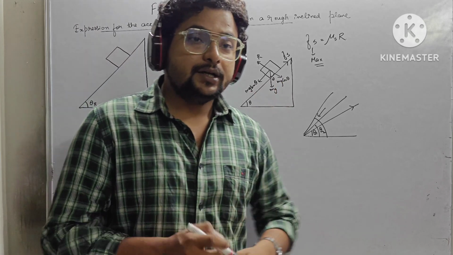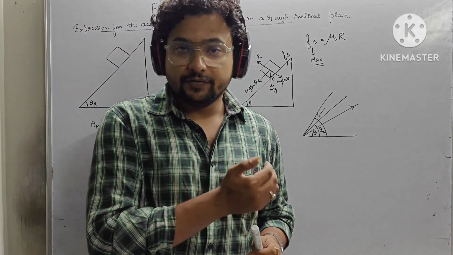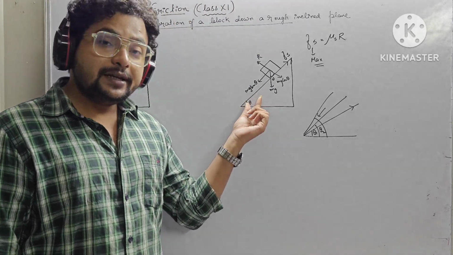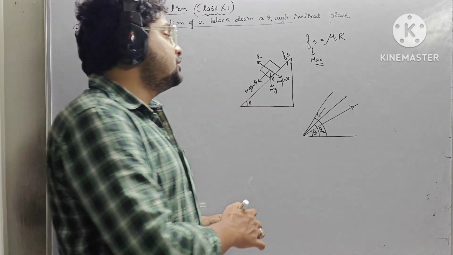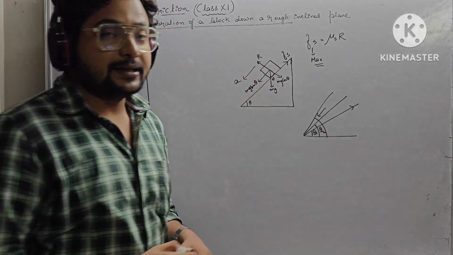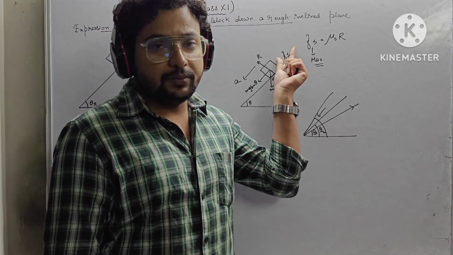But if I increase the angle of inclination of the inclined plane more, then the block is going to start sliding down with an acceleration, because in that case friction can no longer stop the body.